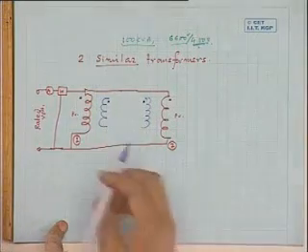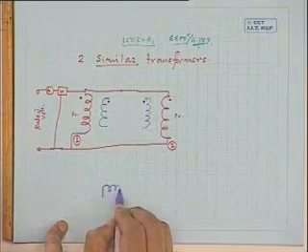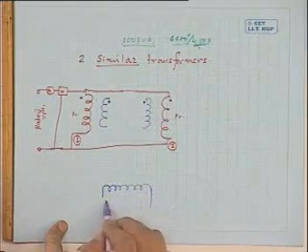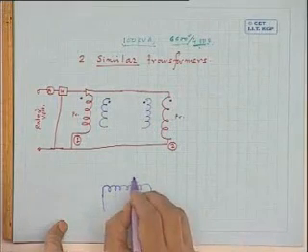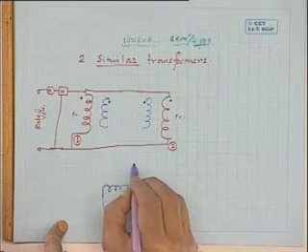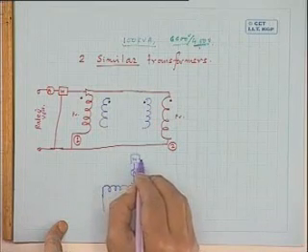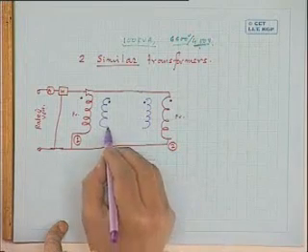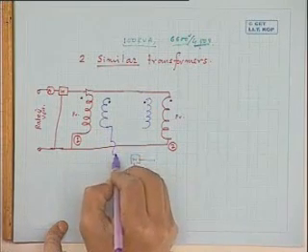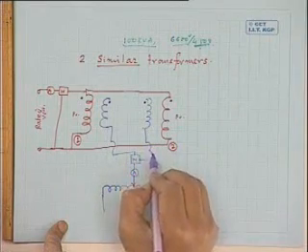Now, on this side, the secondaries, you connect it in this way. You take a variac and you connect an ammeter and another wattmeter here and supply it in this way.